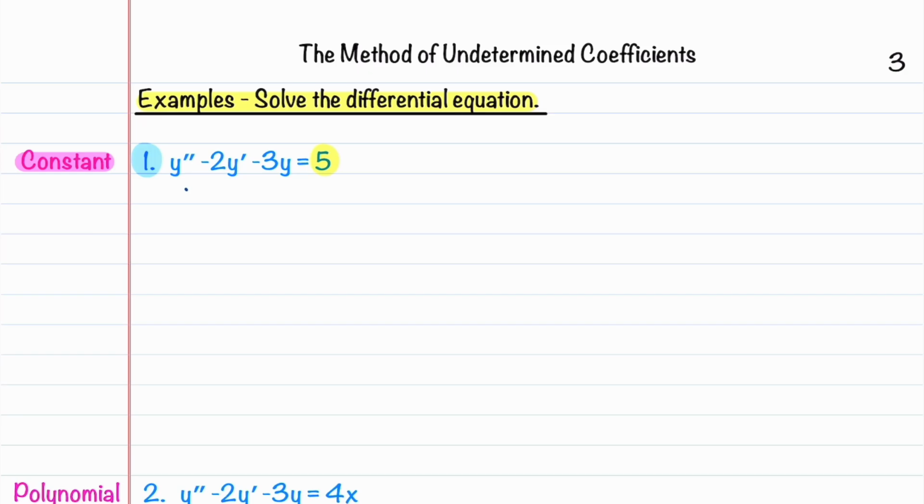Our solution is going to be y is equal to the complementary solution plus the particular solution. To find the complementary solution, we need to solve the homogeneous differential equation, and that equation is y double prime minus 2y prime minus 3y is equal to 0.